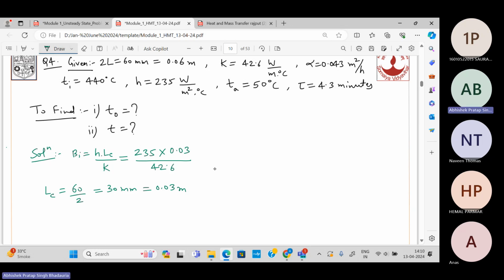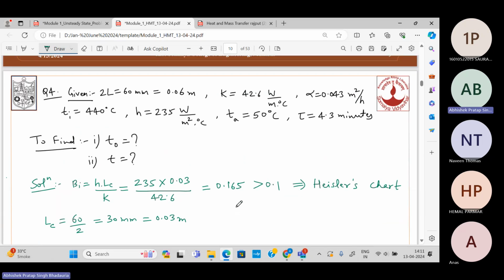So these are the values we put in to calculate the Biot number. The calculated value of the Biot number is 0.165, which is greater than 0.1. So that means the Heisler chart is applicable.